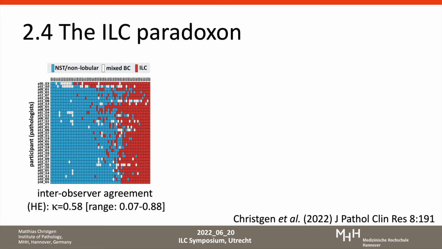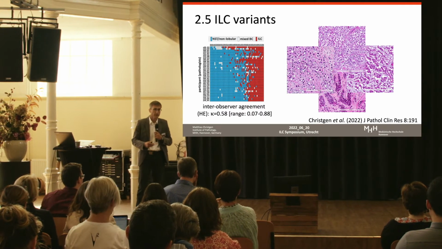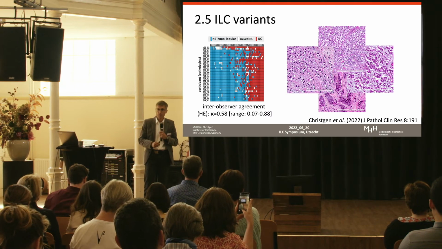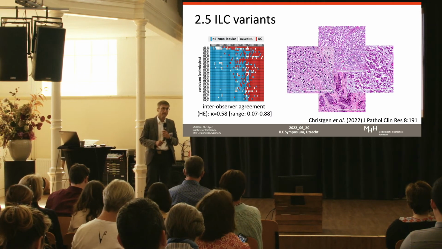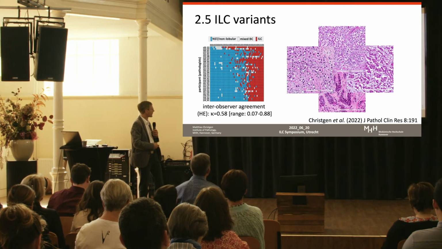In addition to classical ILC, which is easy to recognize, there are approximately 15 different morphological and biological variants that have been described in the scientific literature. And some of these variants are quite difficult to discern as being ILC at all.